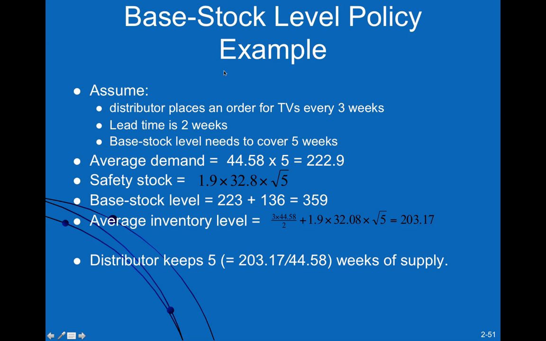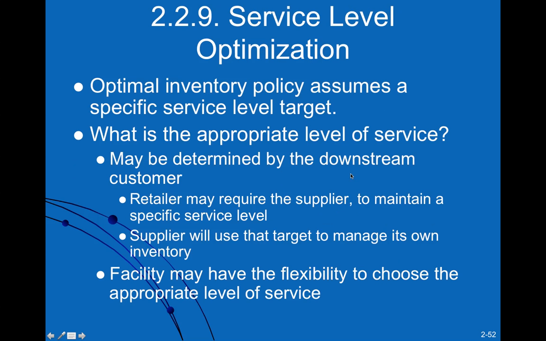All right. And here we are given an example where we have the average demand, the safety stock, the base safety stock level, average inventory level. Again, I think it would be easier to actually do this example over to demonstrate it rather than trying to figure it out off of this slide.